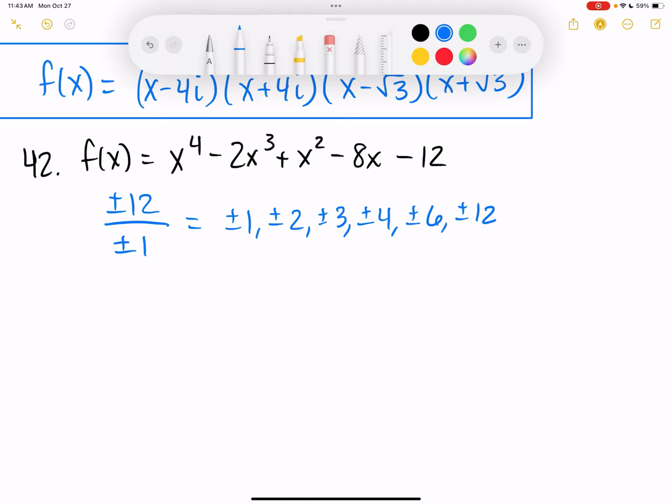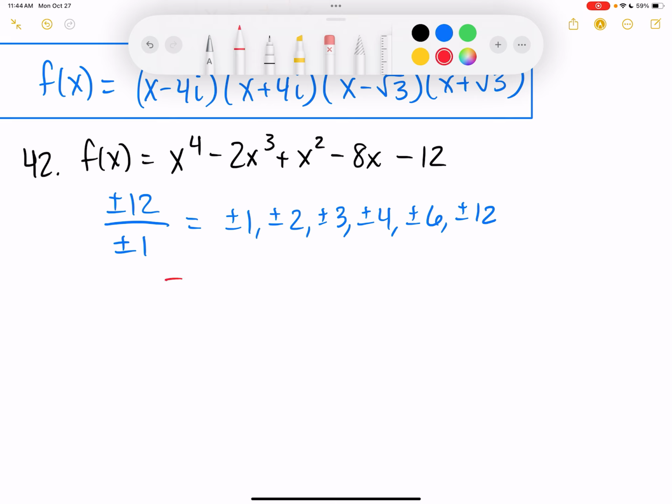All right, so now plug that into your calculator and tell me which ones look like they might work. -2 and +3. -1 and +3.